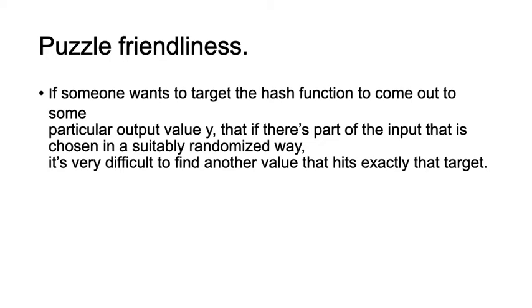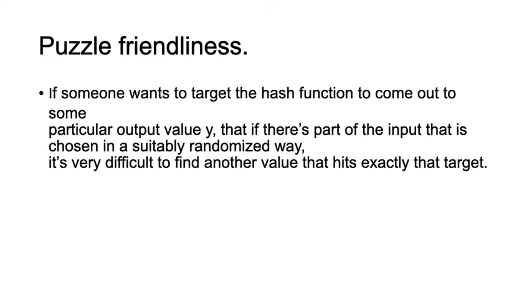The next thing we'll talk about is puzzle friendliness. So if someone wants to target the hash function to come out at some particular output value of y, and part of the input is chosen in a suitably randomized way, it's very difficult to find another value that hits exactly that target.